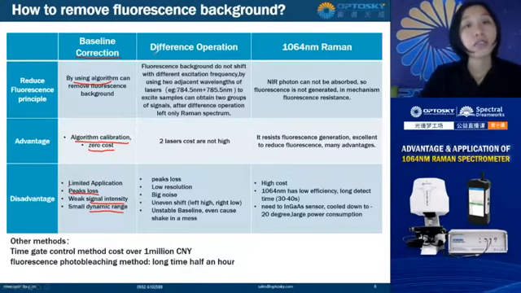Next is the difference operation. Fluorescence background does not shift with different excitation frequency. So we use adjacent wavelengths, such as 784.5 nanometers and 785.5 nanometers, to excite the sample and obtain two groups of signals.